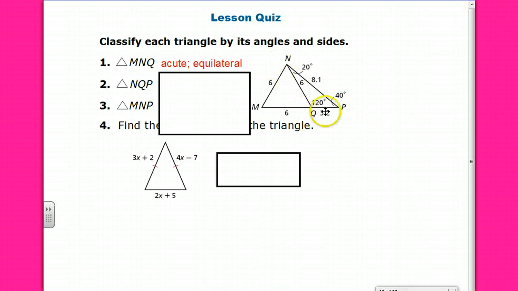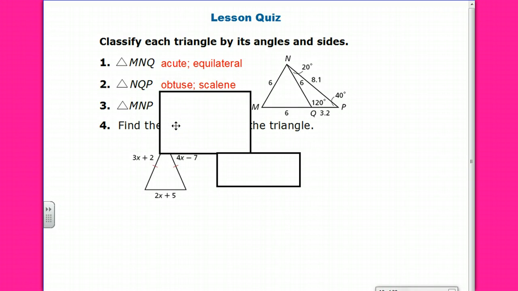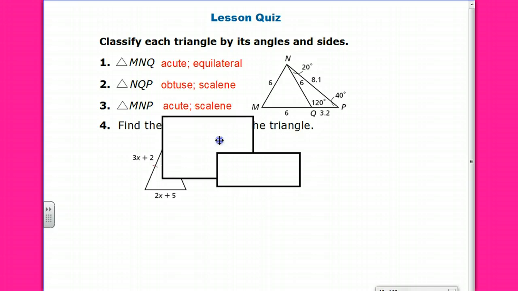NQP is, if it's not acute, it's obtuse, right? Each side is different, so it's scalene. MNP is acute and scalene again.